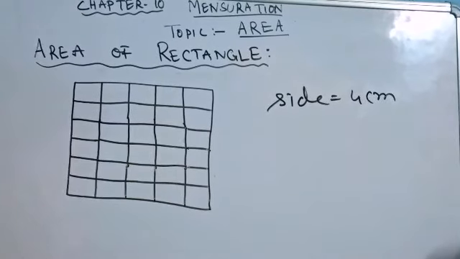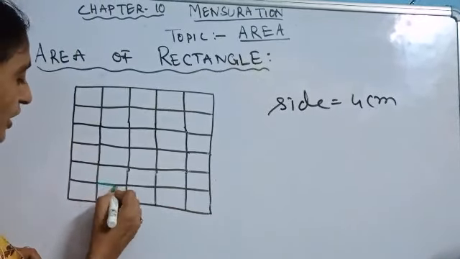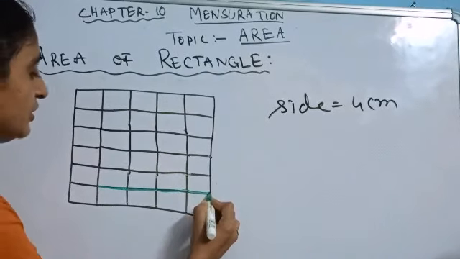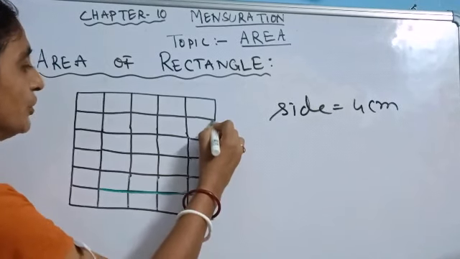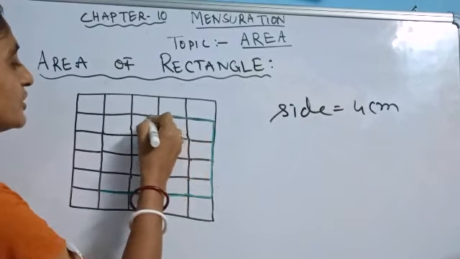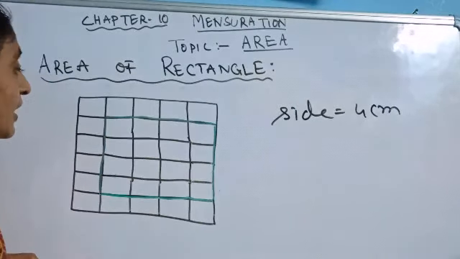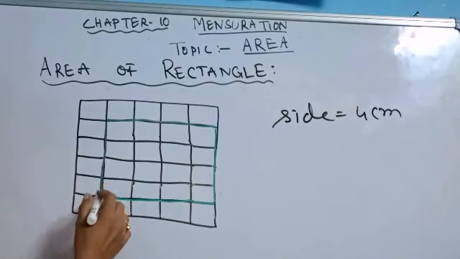So first draw the square. As it is 4 centimeters, let's take 1, 2, 3, 4. After that, this side also 1, 2, 3, 4. Okay, so let's complete the 4 sides. Yes, I have done it. So you get a square where each side is of length 4 centimeter.